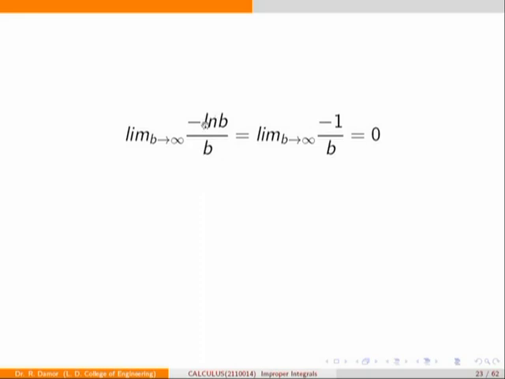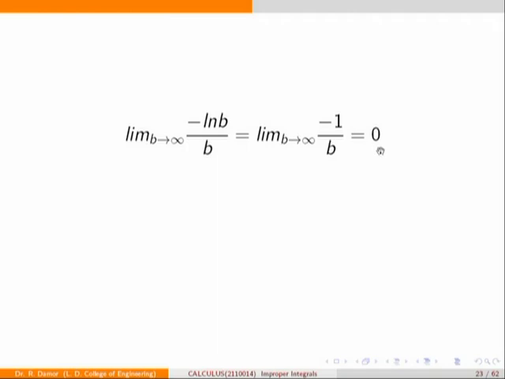The derivative of ln b is 1 upon b, and the derivative of b is 1. So we get the limit as b tends to infinity of 1 upon b, and as b tends to infinity, 1 upon b tends to 0. So this is equal to 0.